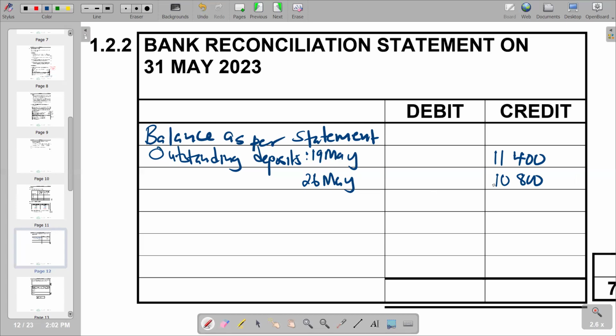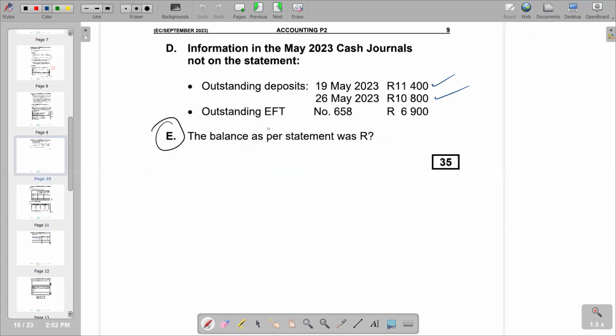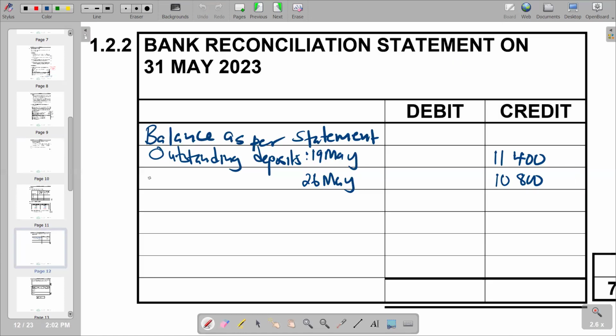And we check the next information that we have, which is the outstanding EFT, number 658, 6,900. So we go and put that one again.